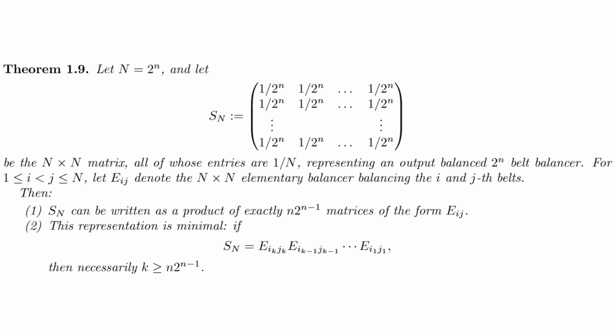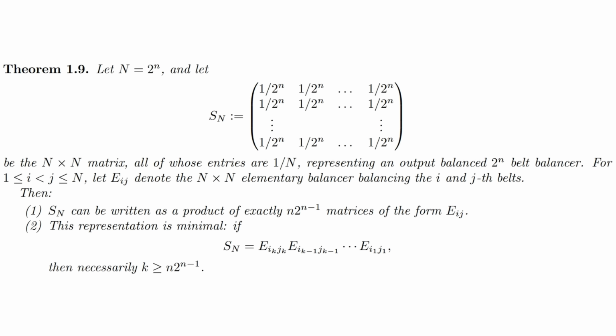Theorem 1.9. Let capital N be 2 to the n, and let Sn be the N by N matrix filled with 1 over N, which represents an output-balanced 2 to the n belt balancer. For i and j distinct, let Eij denote the N by N elementary balancer between the ith and jth belt.